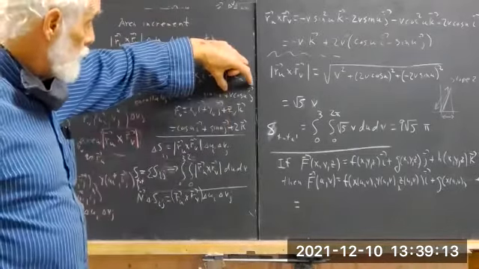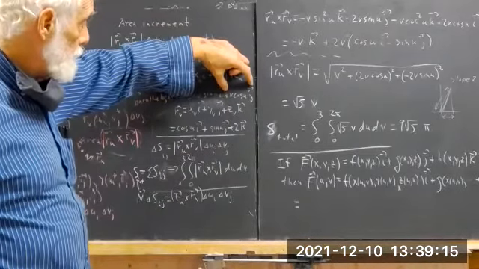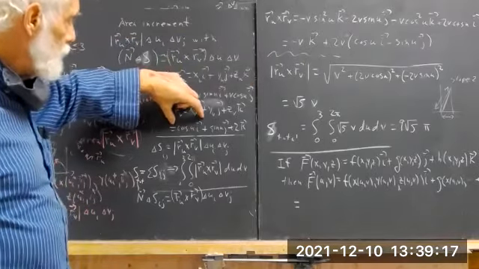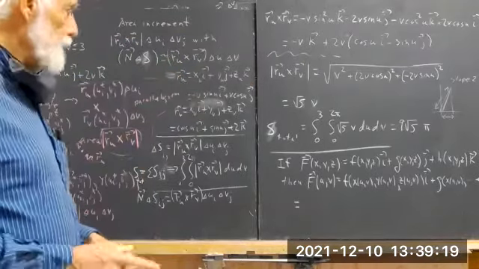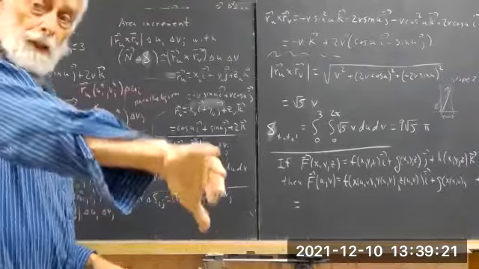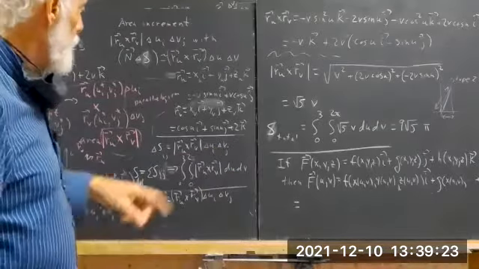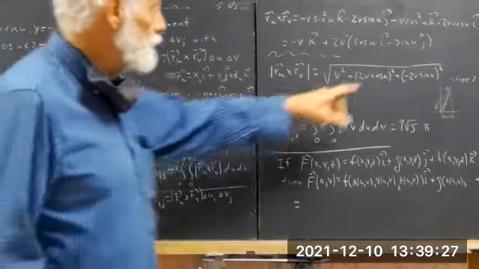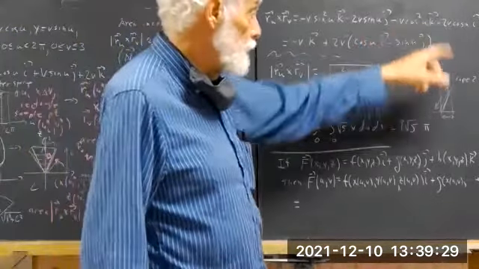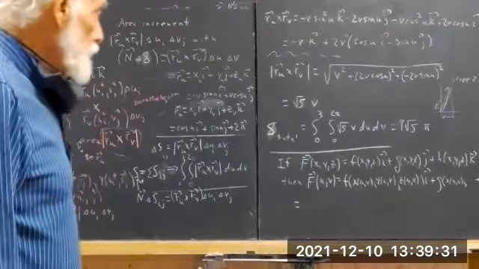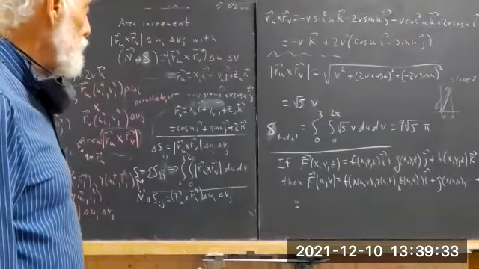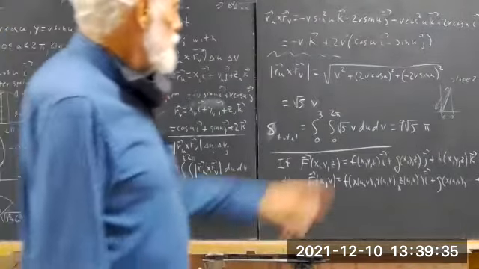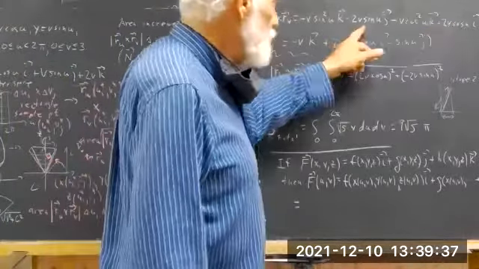Okay, then v cosine u j crossed with cosine u i, j cross i is negative k. v cosine u times cosine u is v cosine squared u, so there's a negative v cosine squared u k. And here's where I'm upset. I think the sign of this should match the sign of this.